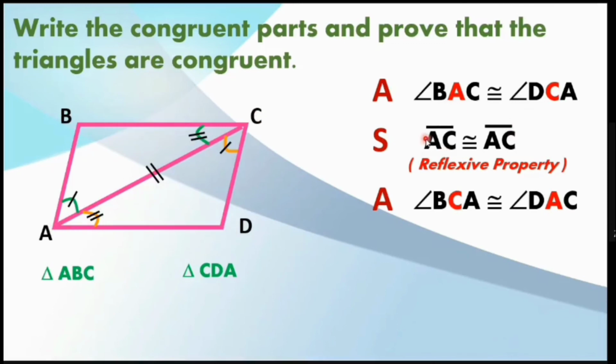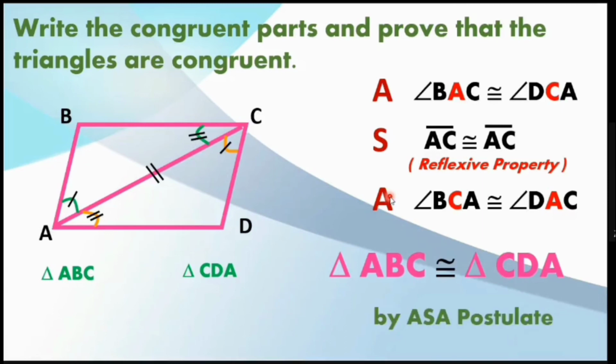And by the way, this part here is under reflexive property of congruence because this side here is congruent to itself. Okay, so we have here three statements saying that the two triangles are congruent based on ASA congruence postulate. So in conclusion, we can finally say that triangle ABC is congruent to triangle CDA under ASA congruence postulate.